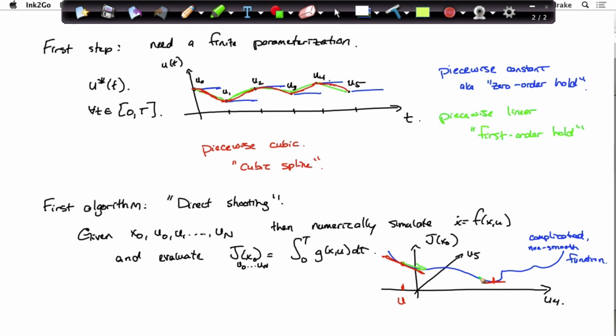So if you remember last time, we'll do a little extra work to compute the gradients, partial J of x0 over partial ui for all i, okay? But the cool thing, the magical thing, is that computing this is surprisingly efficient using the adjoint equations that we talked about last time.